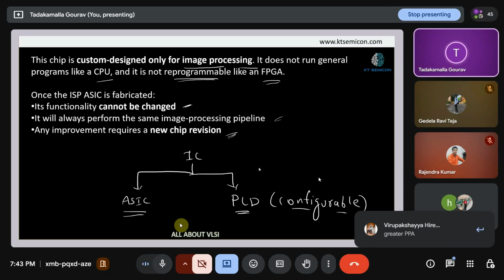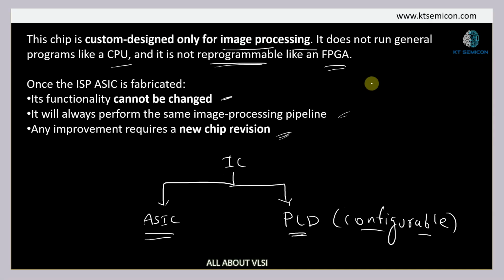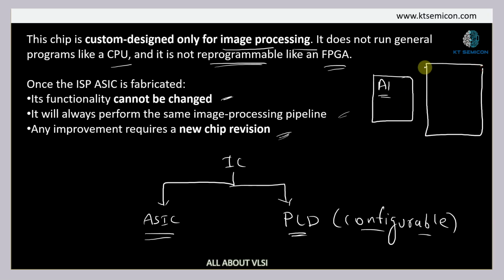Okay. For a specific task or a specific purpose, you are going to use an ASIC. So accordingly, you are going to manufacture it. Let's say suppose it is going to take this much area, say A1. Coming to FPGA, for the same task, it will require more than that specific area. And one more thing is the utilized area will be less.